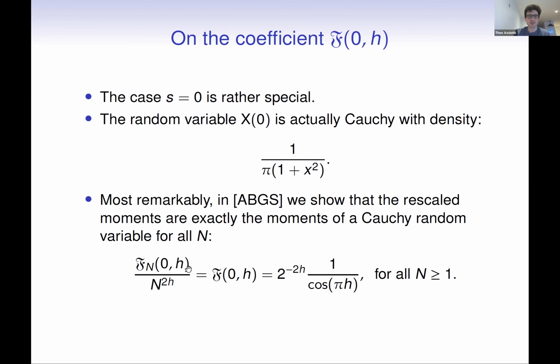It's actually that the joint moments are always explicit and always super simple, just given by this thing. This is just the moments of the Cauchy random variable. So for all n, this is exactly equal. And actually, it's not so trivial to see.